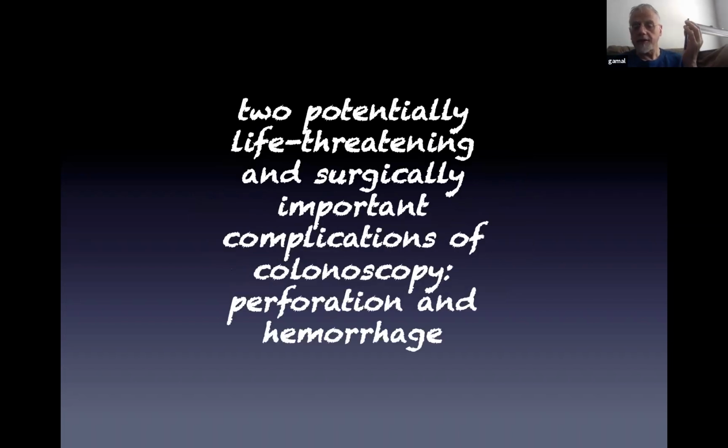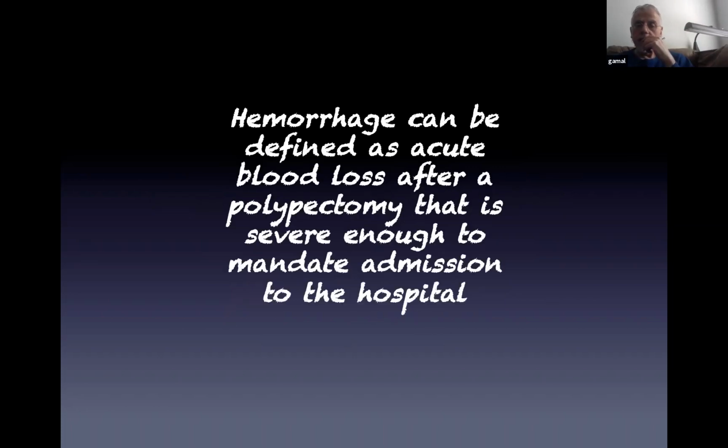The two potentially life-complicating complications of colonoscopy are perforation and hemorrhage, as Mohammed just told us. Quickly, we're going to talk about hemorrhage. The management of that is probably easier and more straightforward. So how do we define it? I did a colonoscopy today and the patient had post-colonoscopy bleeding.